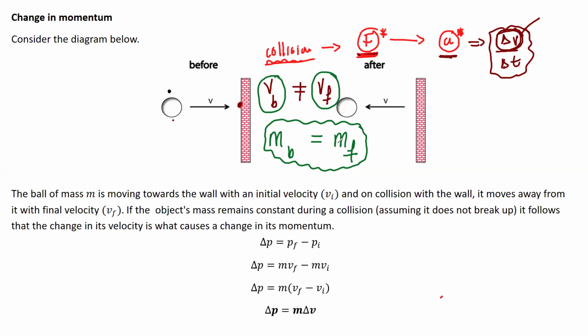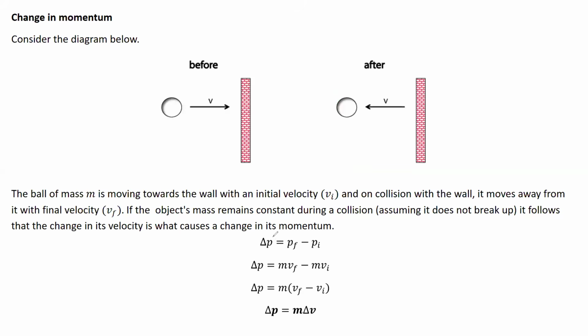Therefore, when you do your maths, follow my lead. Change in momentum is final momentum minus initial momentum. Final momentum is the mass of the object multiplied by the final velocity of the object. Initial momentum, mass of the object multiplied by the initial velocity of the object.